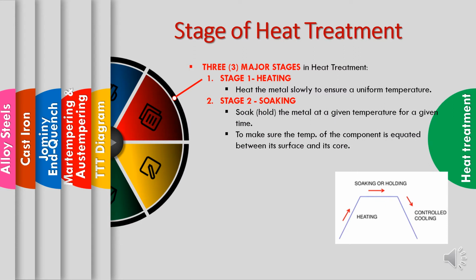Then we go to the second stage, which is soaking, whereby the metal is held at a given temperature for a given time to make sure that the component is equalized between the surface and its core. That means the sample or the metal will be 100% at the temperature.